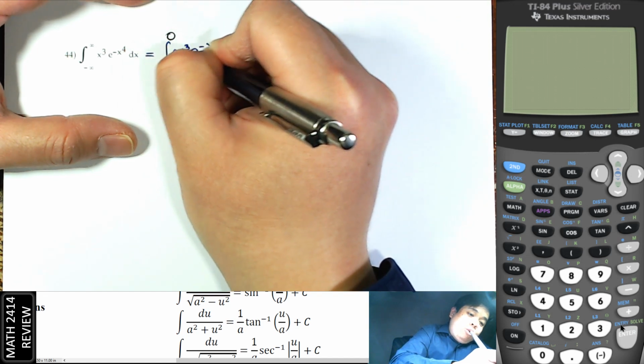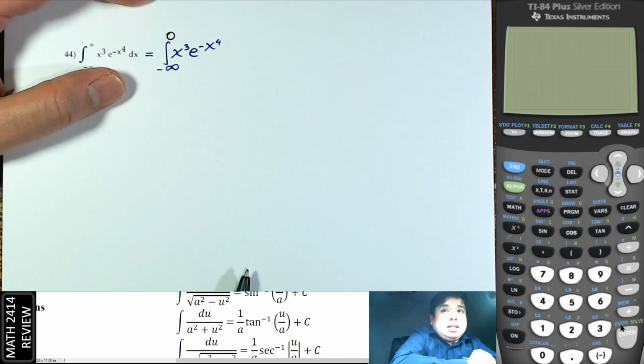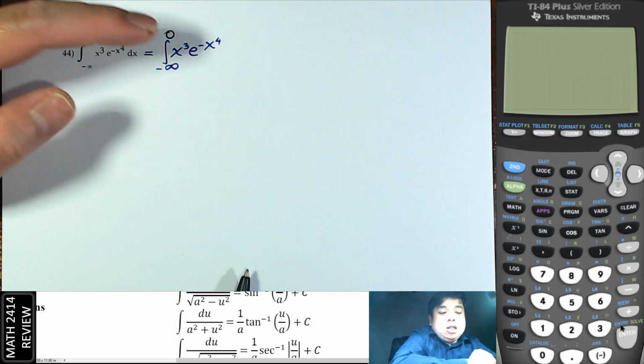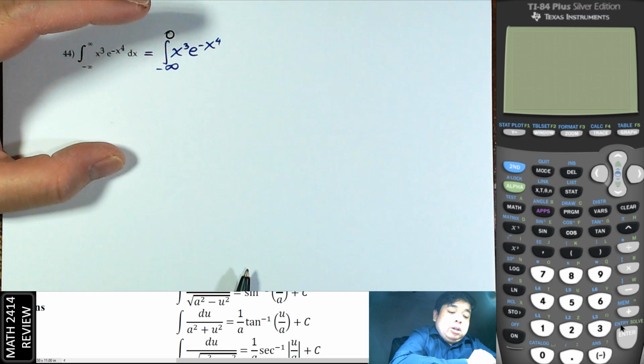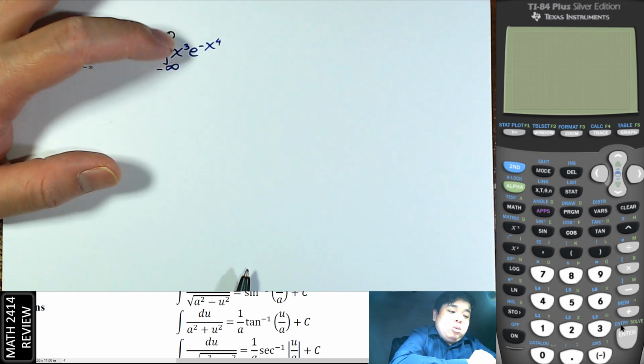Unlike the last problem, when we see this e to the negative x to the 4, we cannot integrate that, so integration by parts will not work. This one is a substitution, because u equal to x to the 4th, derivative x cubed will cancel nicely with this x cubed.